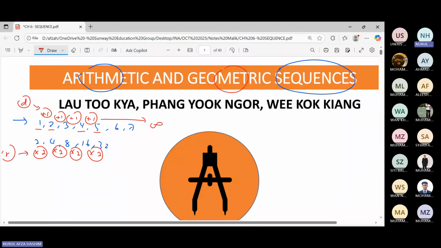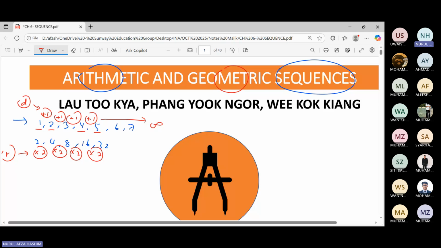In the exam, they will not inform you whether it is arithmetic or geometric. They will ask you what is the value at 10, the value at 20.